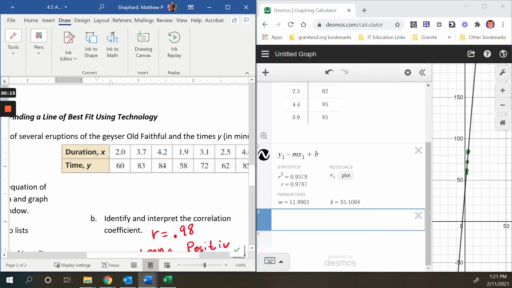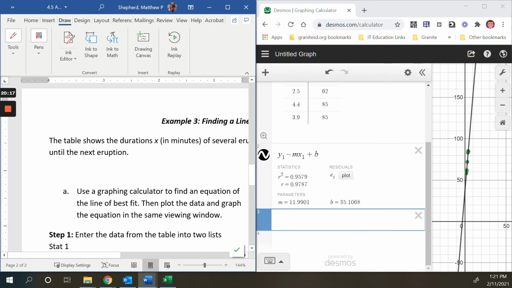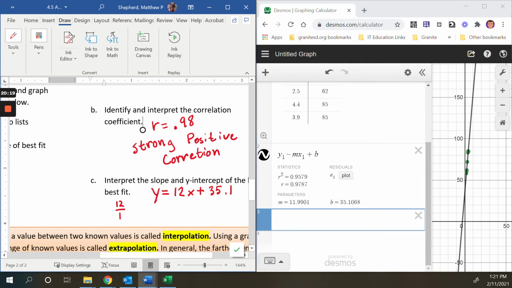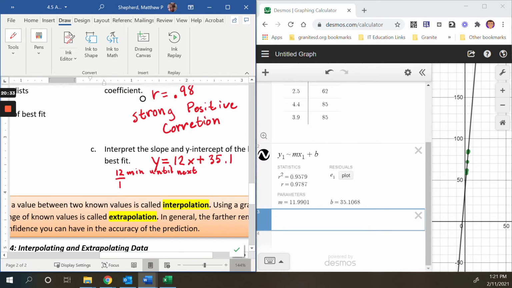And more than that, y was the time in minutes until the next eruption. So this is 12 minutes until next. And then the x value was the duration. So that's 1 minute of eruption.